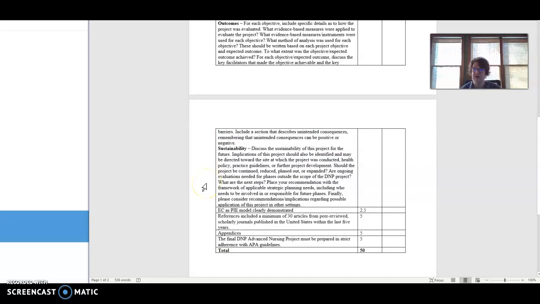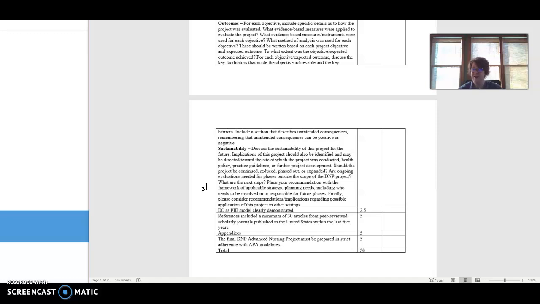Also, with any project, we need to make sure that it's sustainable as well. So we're looking at how what you implemented will be sustainable, or if it needs to be tweaked a little bit before it becomes sustainable, which is perfectly fine. Sometimes we don't achieve what we intended to, and that may have nuances relating to the organization, stakeholders, all those types of things, but that's all part of DNP projects.